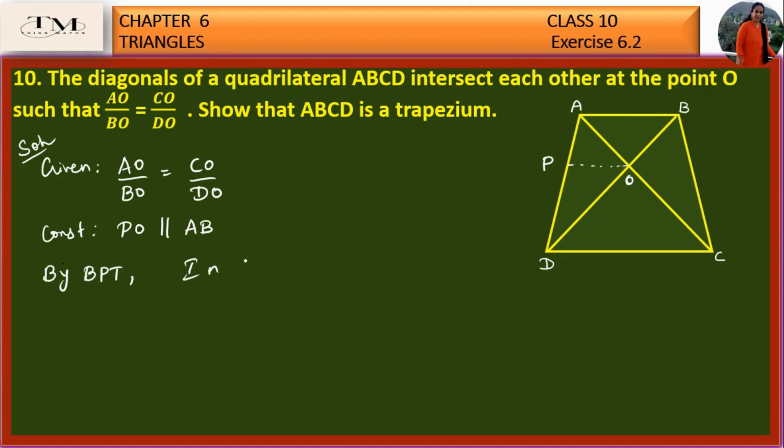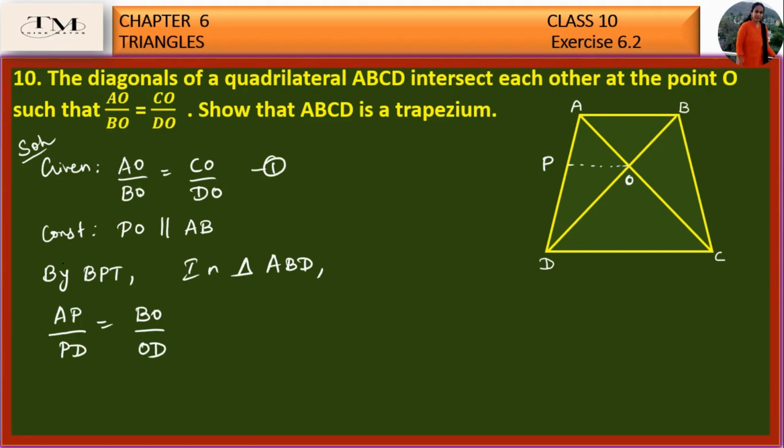in triangle, which triangle? This ABD. In triangle ABD, we have AP by PD is equal to BO by OD. So AP by PD equal to BO by OD. Okay. So here what is given?